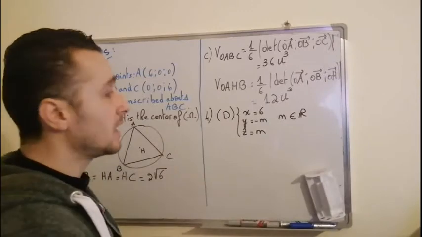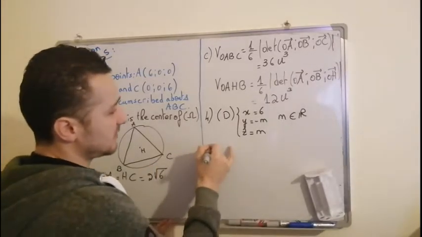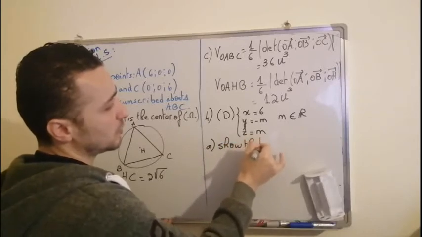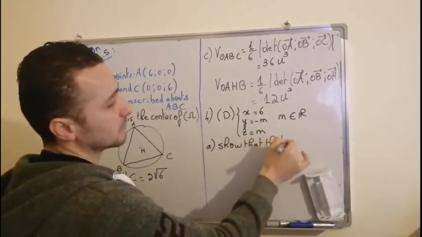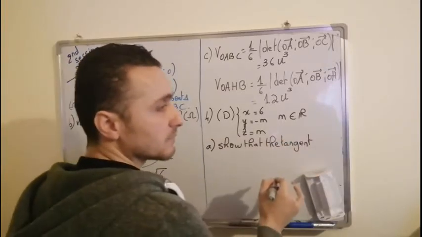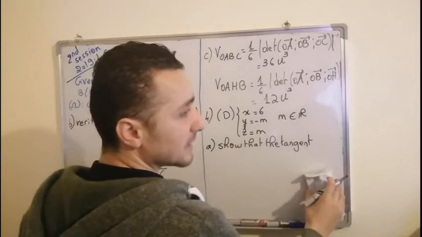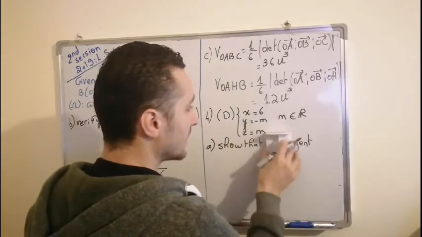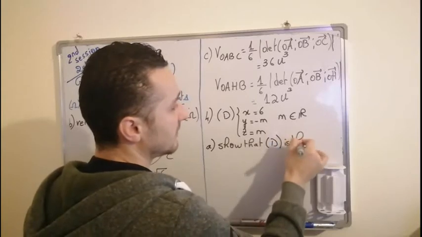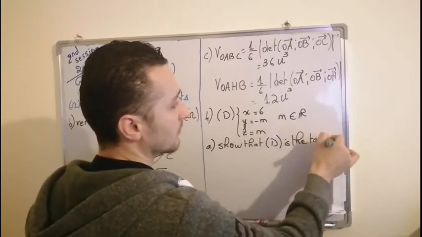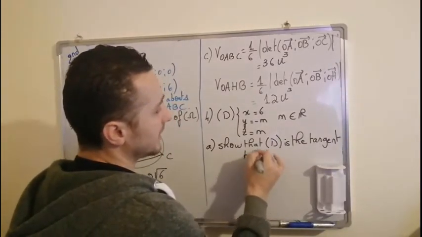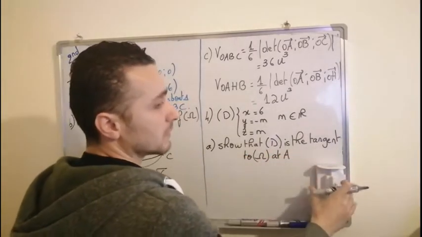Okay? The first question is show that D is the tangent to the circle omega at the point A. Okay?